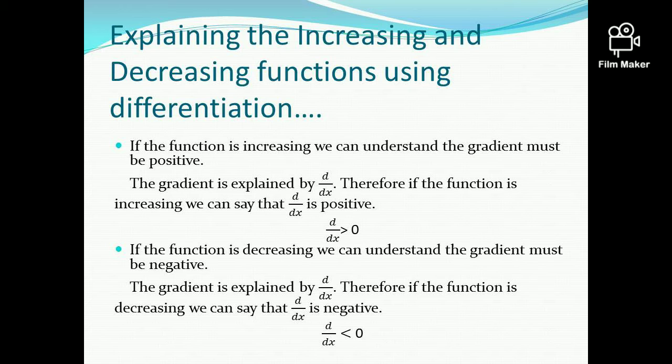We know that the gradient of a graph is explained by its first differentiation. Therefore, if a particular graph has a positive gradient, it must have a positive value for the first differentiation. From these simple combinations, we can understand that if a graph is increasing, its first differentiation answer must be a positive value.